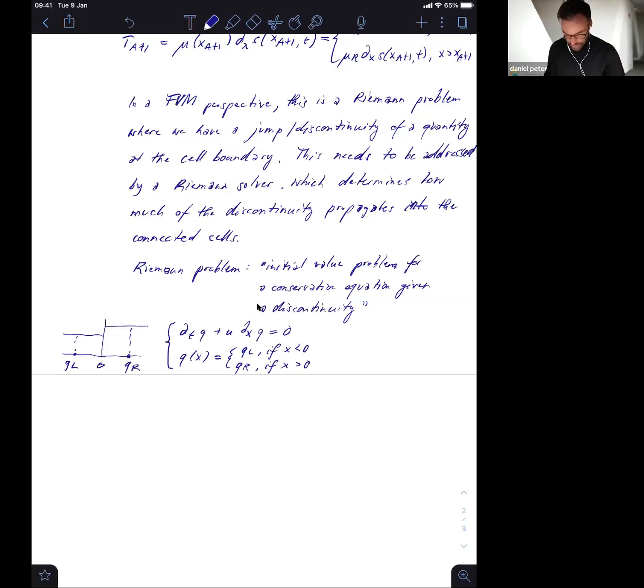So this is often looked at when they explain the Riemann problem. So keep in mind that we want to have this quantity Q being conserved. So we need to find a solution for how much of the quantity goes into the left cell and right cell, such that it keeps being conserved with time.